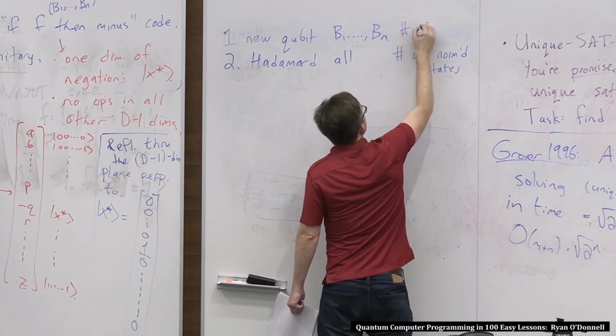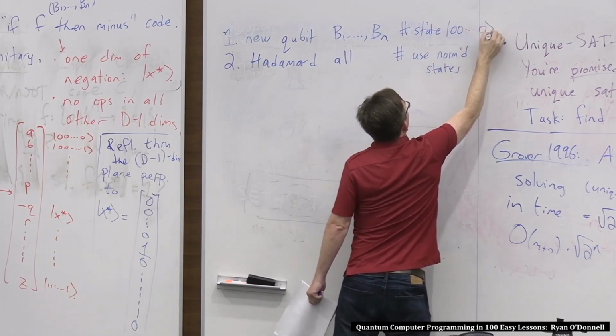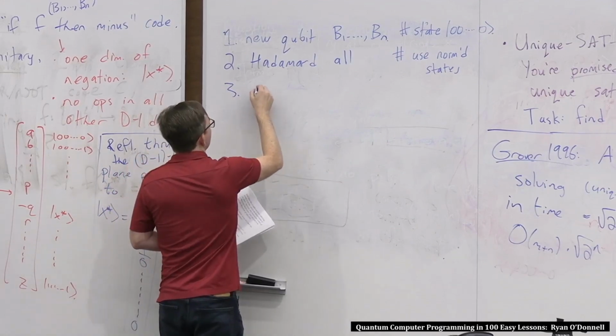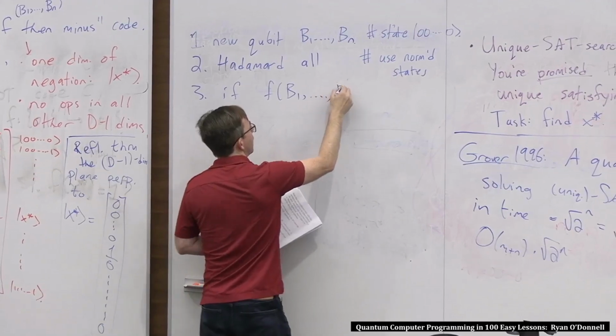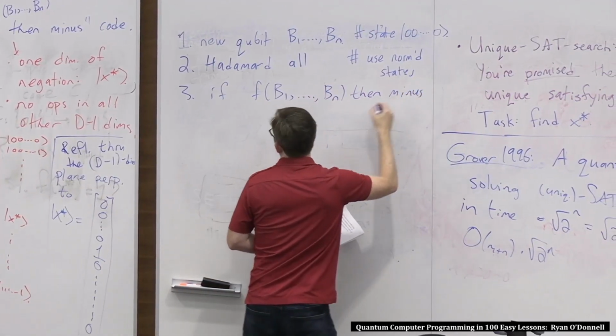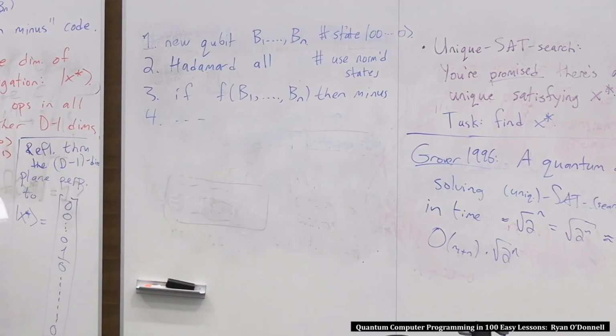This starts us in the state all zeros. And then bias busting did if B1, FB1 through Bn, then minus. And then, let's just stop there and see what we'll do soon.